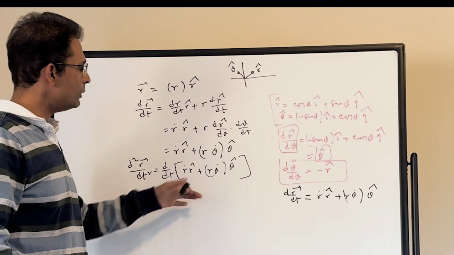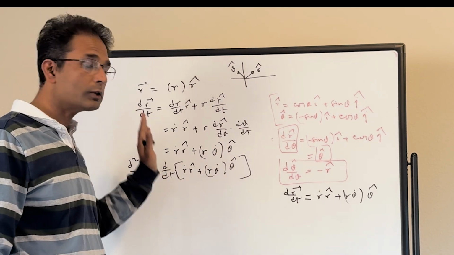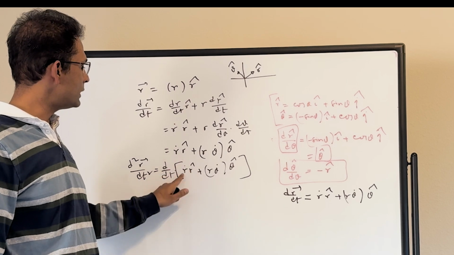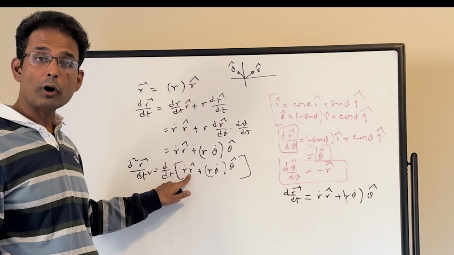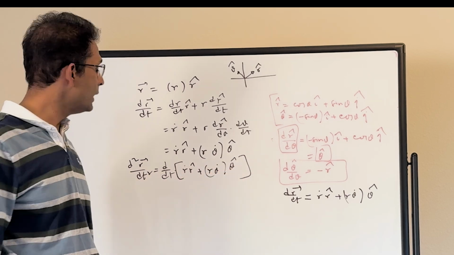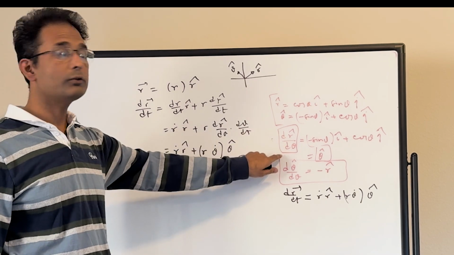Okay, so now you kind of get the idea of what we're trying to do. We will just go term by term, taking derivatives term by term. We have to use the product rule to find the derivative of this, and then the product rule for that one too. And whenever we see dr hat dt, we have to use these expressions.